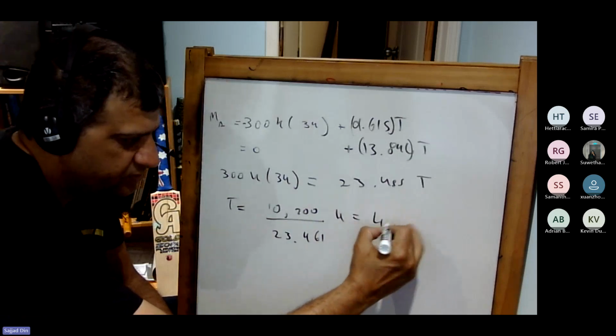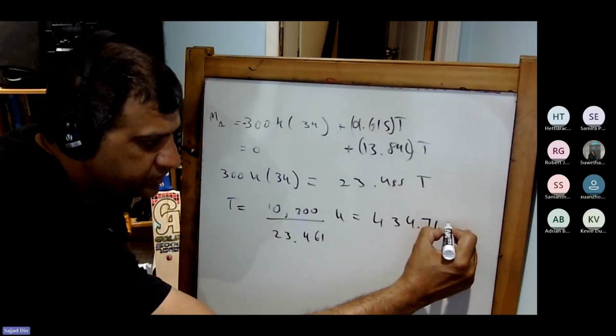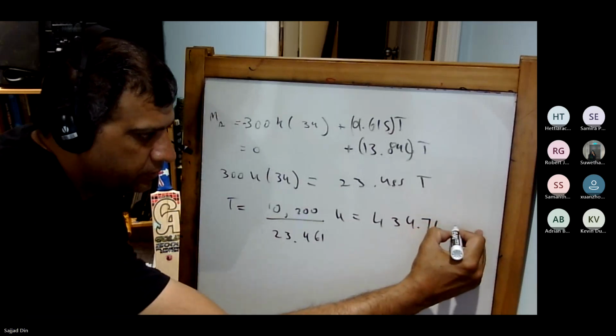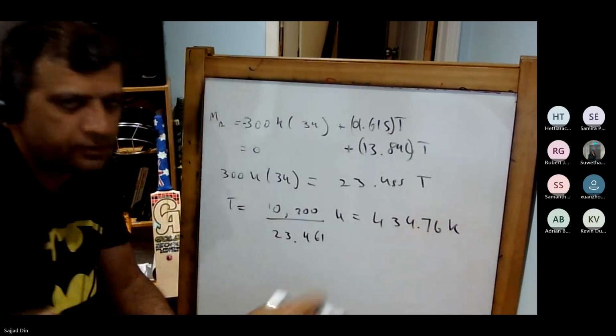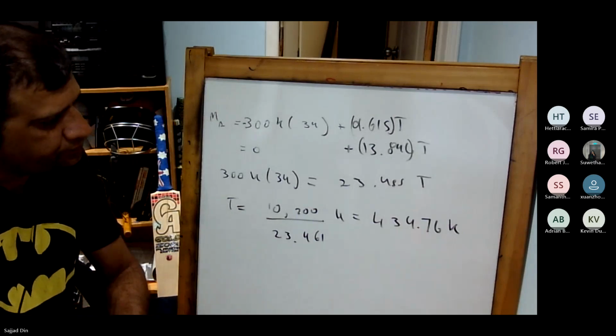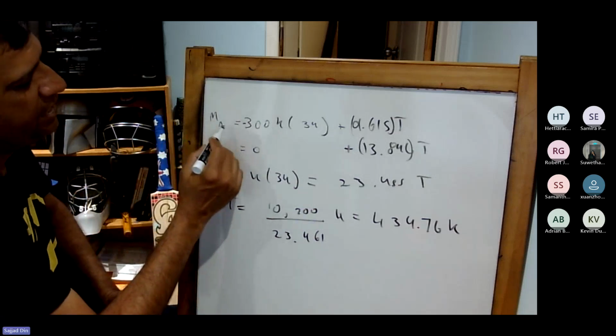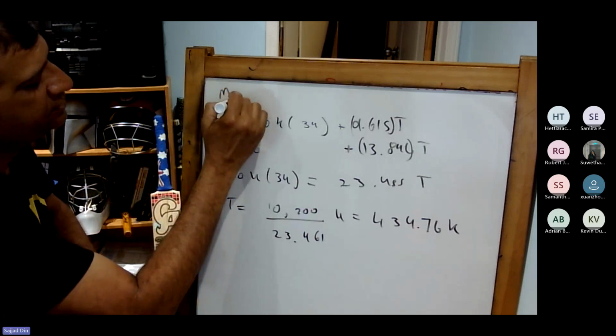So this is the answer for number 3. Okay, so that should be your answer. Remember, this is MA, but MA is equal to 0.